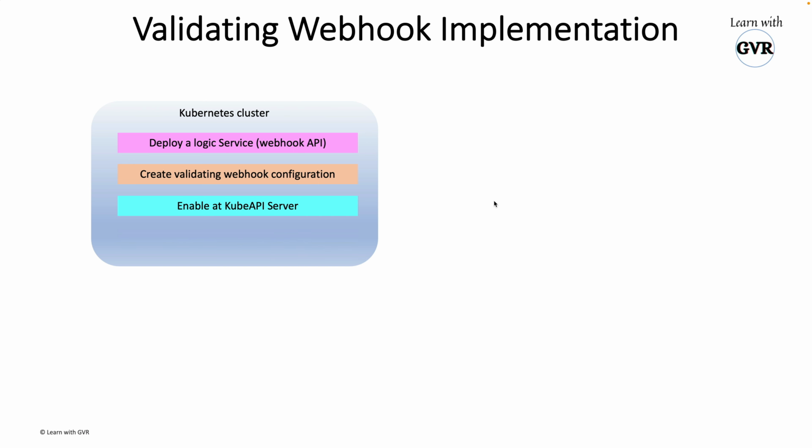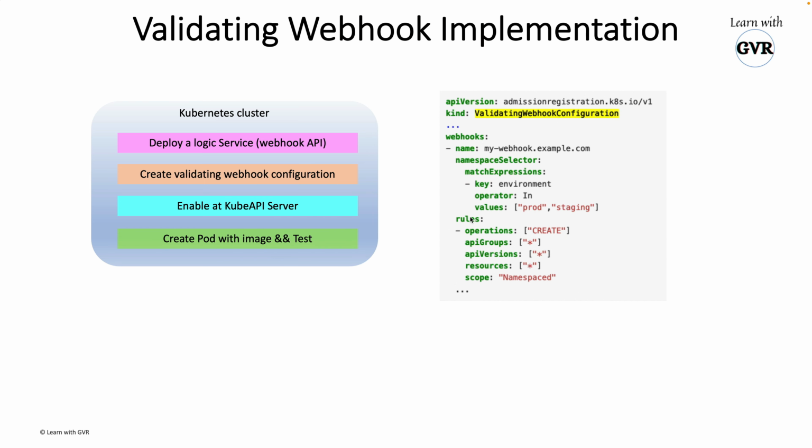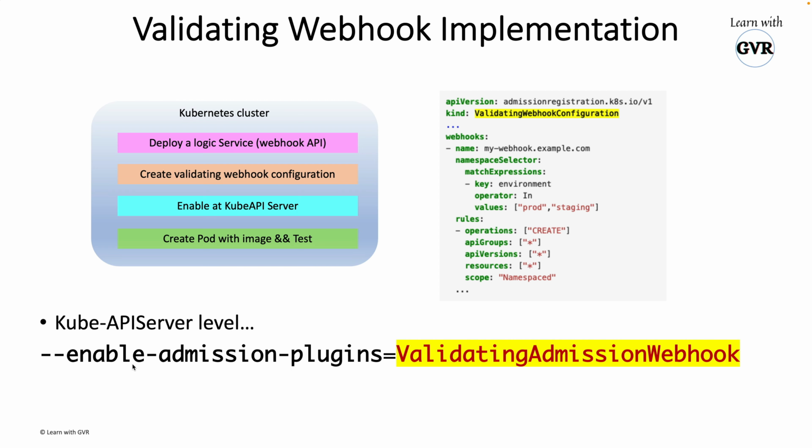You need to go inside the kube API server and enable it. If you are using a managed service, they will enable it by default, right? Or else there will be some option to enable. Then test. So this is how we typically use a webhook, and at the kube API server level we need to enable this kind of configuration. You need to go and modify it. These are the steps for a webhook.